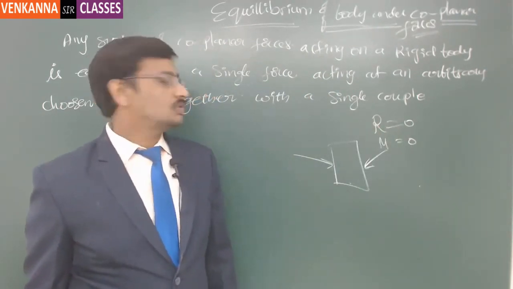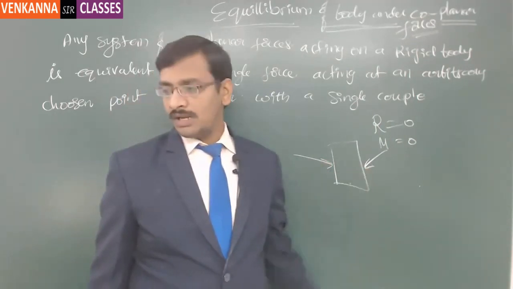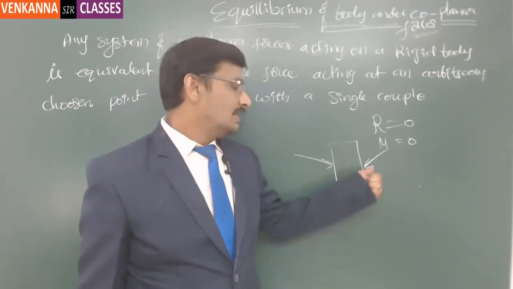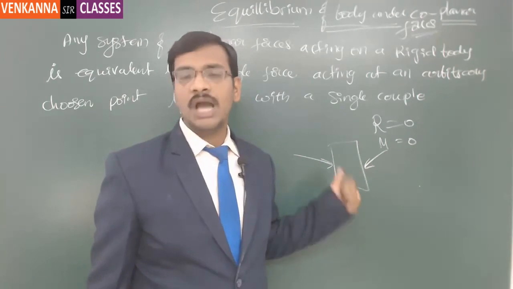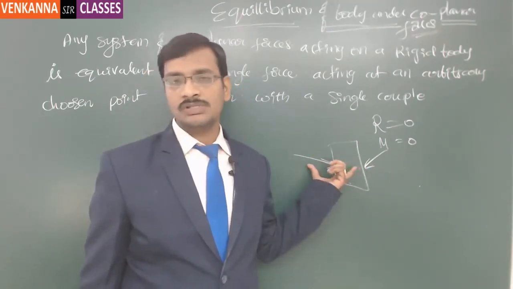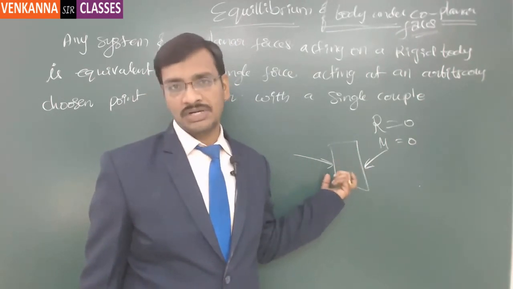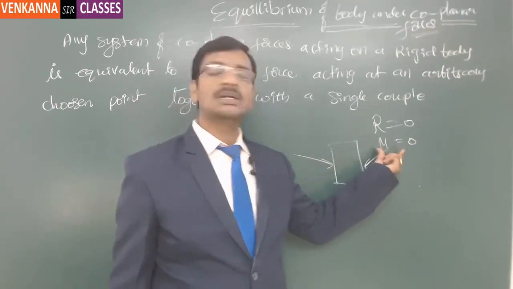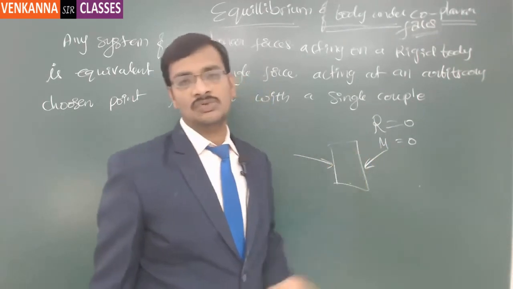Now if there are multiple coplanar forces, then for each and every force we have to assure the equilibrium condition, right? So if there are two forces, there might be a chance that there can be a rotational effect. Then we have to assure that M is equal to 0. Now which two forces will you take out of all?